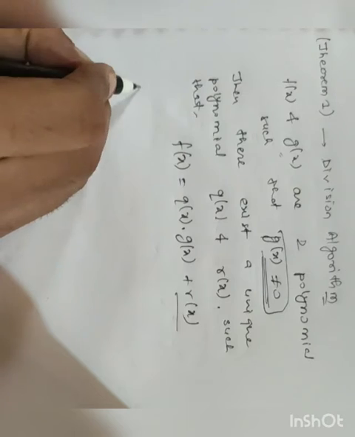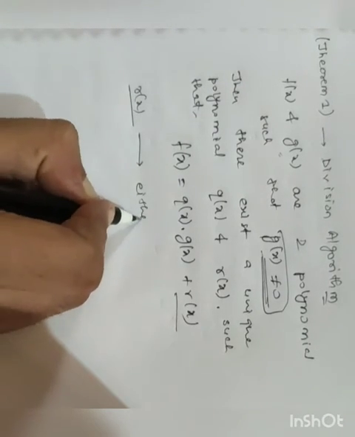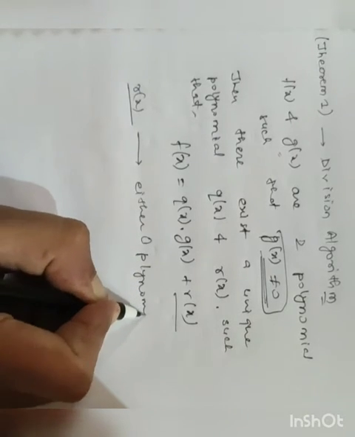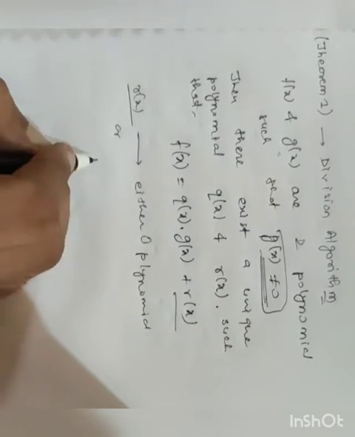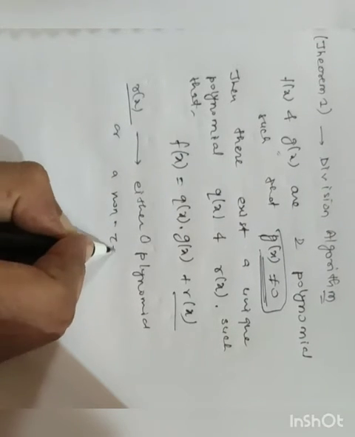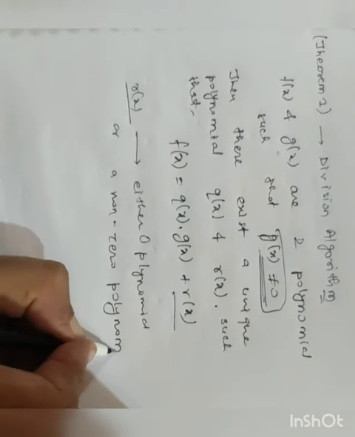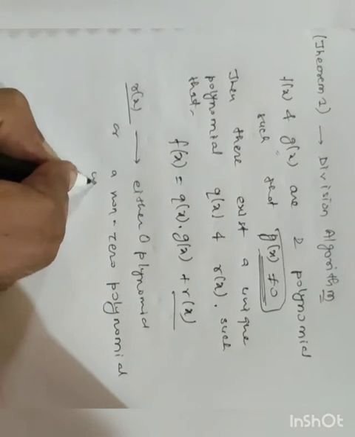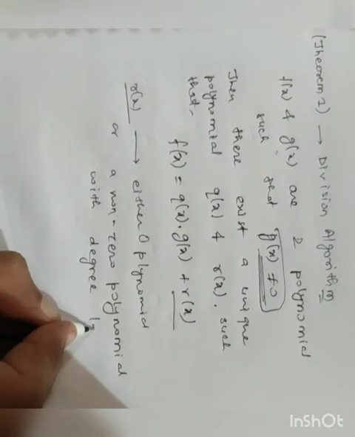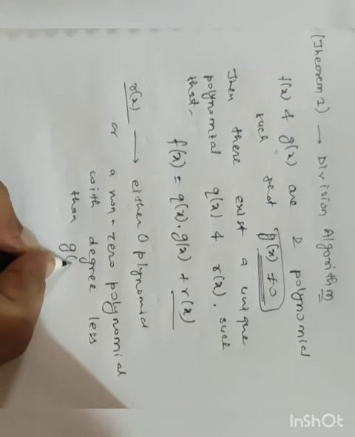There is a property of r(x): r(x) is either a zero polynomial or a non-zero polynomial with degree less than g(x).